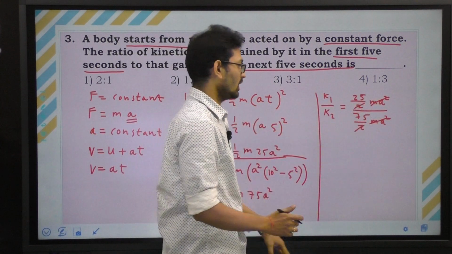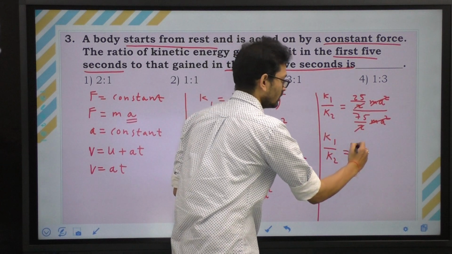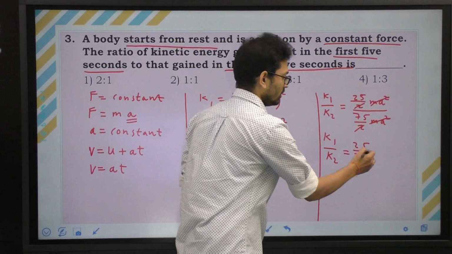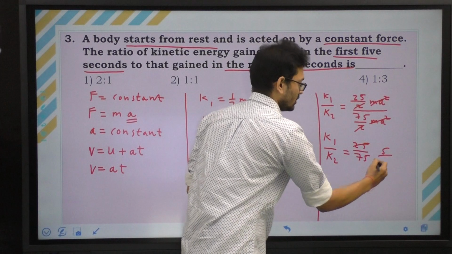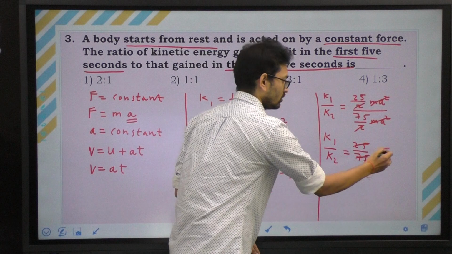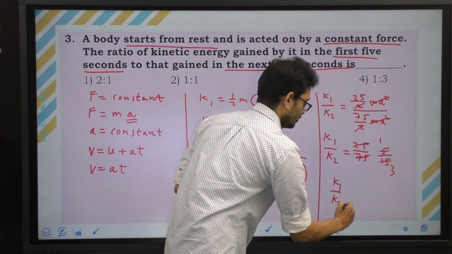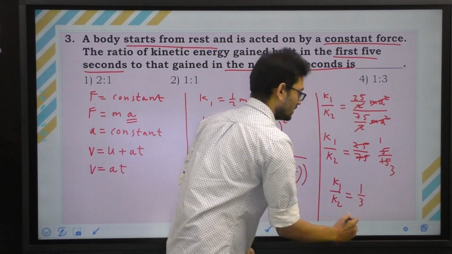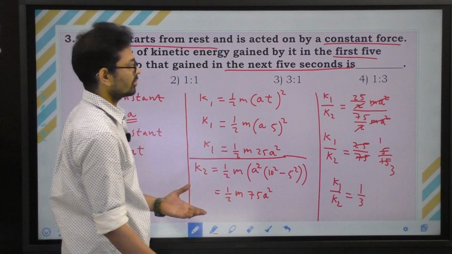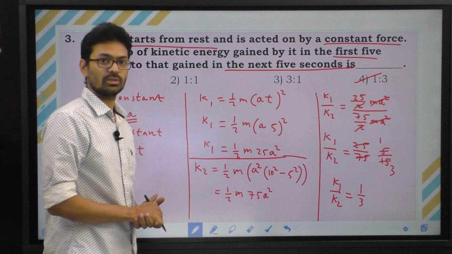What is left is K1 by K2 equals 25 by 75. Five 5s are 25 and five 15s are 75, so 1 and 3. So K1 by K2 is equal to 1 by 3, the ratio is 1:3. So the option is the fourth option.